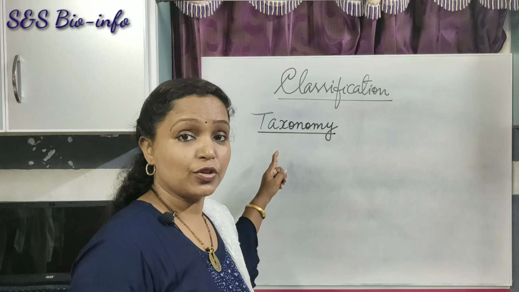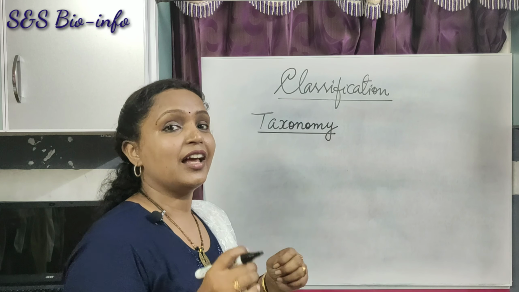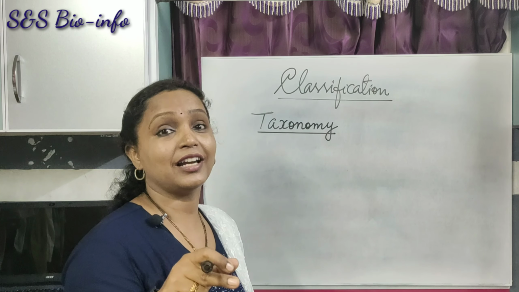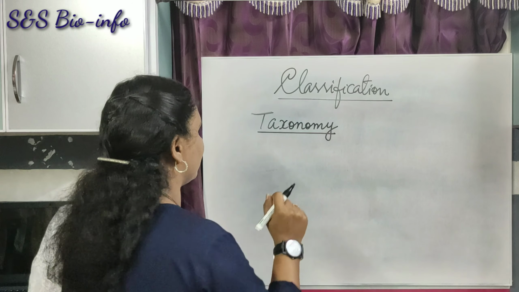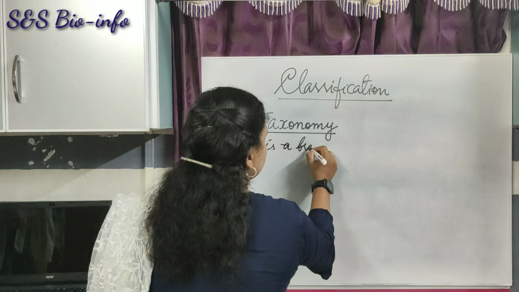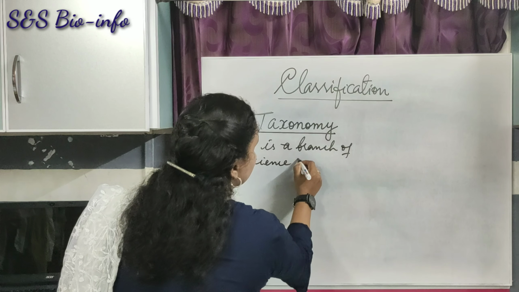Taxonomy is a branch of science which deals with the characterization, identification, classification and nomenclature of the organism. It's a branch of science which deals with what?